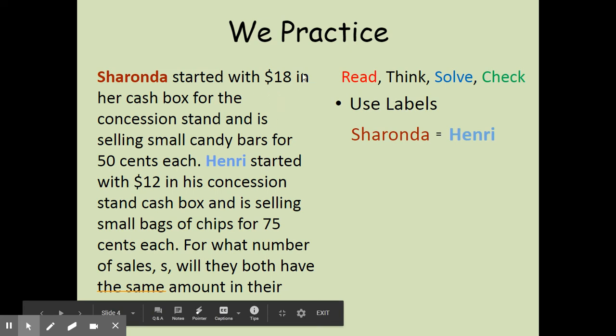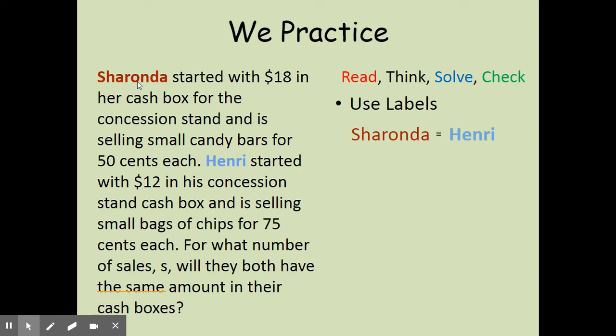Okay, so now I'm going to identify what information is given for Sharonda and what information is given for Henry. So it tells me Sharonda started with $18 and is selling small candy bars for 50 cents each. Okay, so she starts with $18 and sells for 50 cents each.